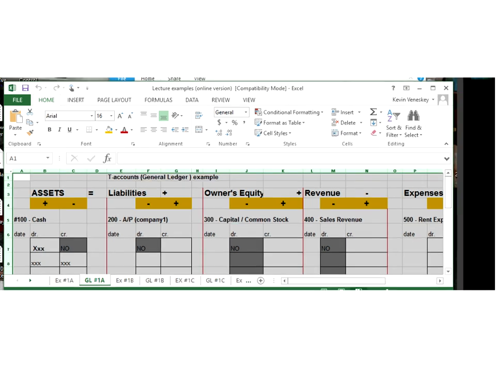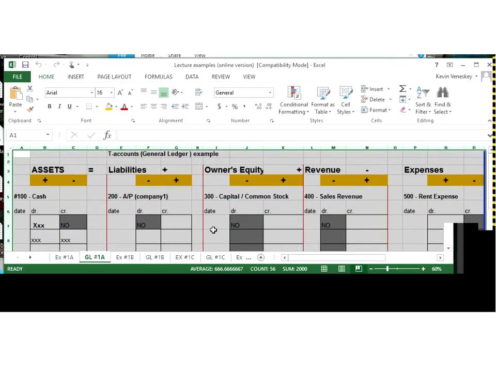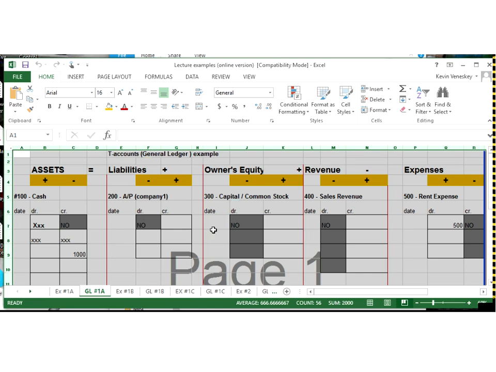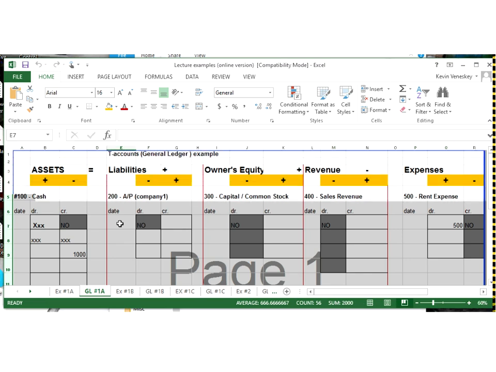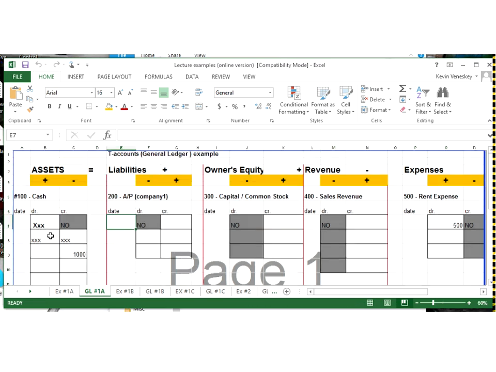So I'm going to pull this up on the T accounts and show it again. Remember, this is not starting out a new business. This business has already been in effect for quite a while. That's why I put these X's here to say there was most likely some previous cash, because I can't just start spending $1,000 if I don't have any. So what these X's are saying is we had a lot of prior transactions.